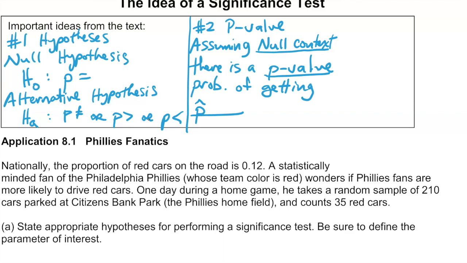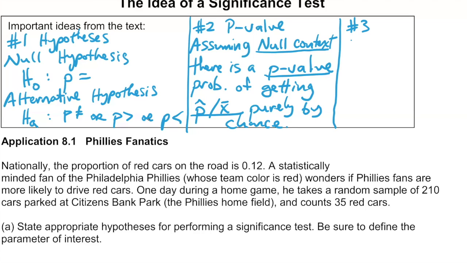P hat just simply means a proportion from the sample, or x bar if you're talking about averages or means, purely by chance. So let me reread that with the coin problem in place. Assuming the coin is fair at 50-50, there is a 0% probability of getting 70% heads purely by chance.